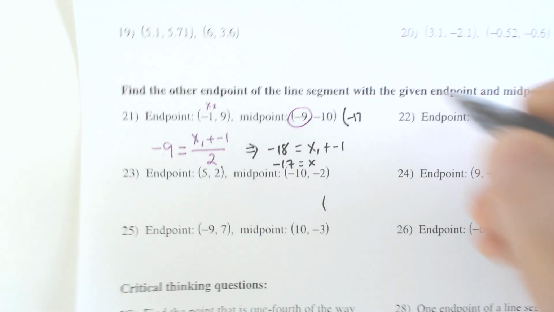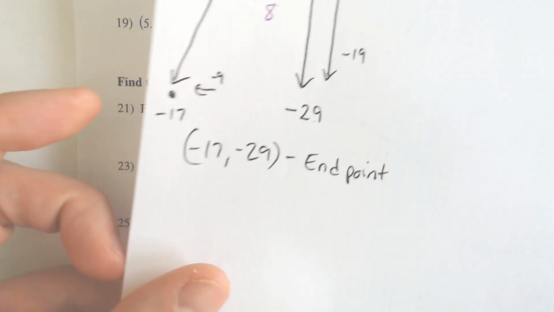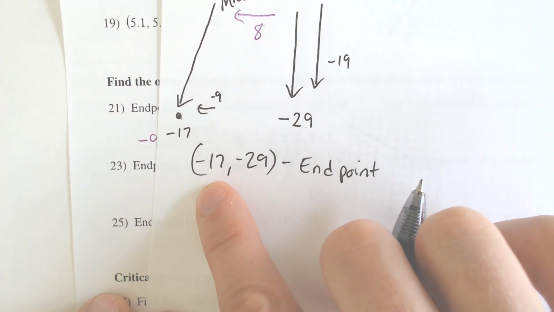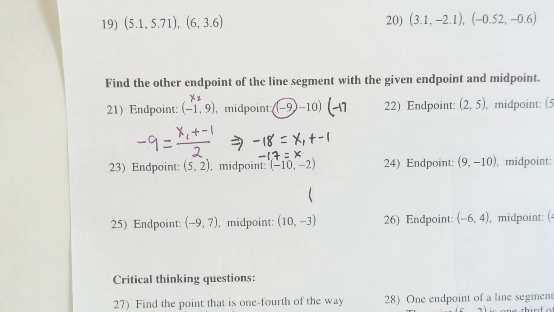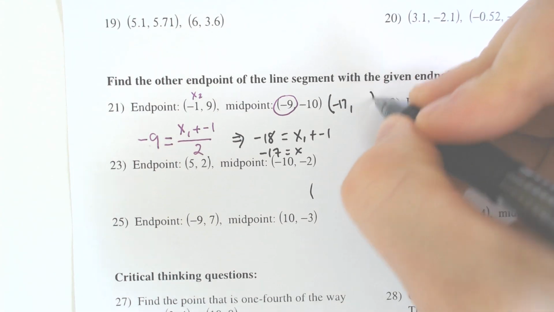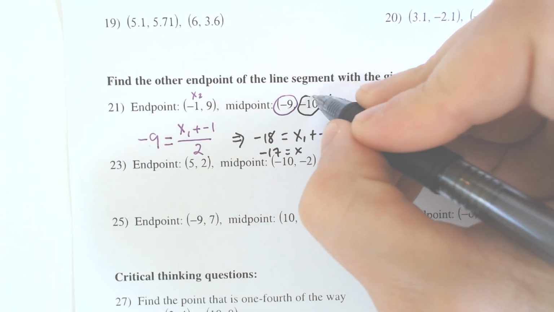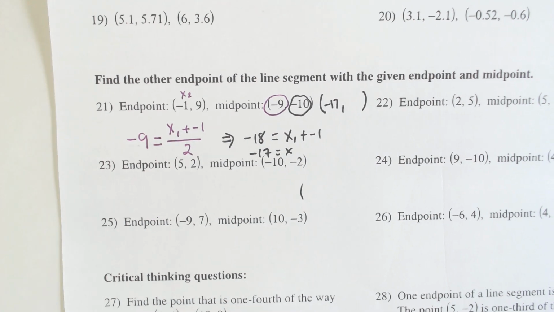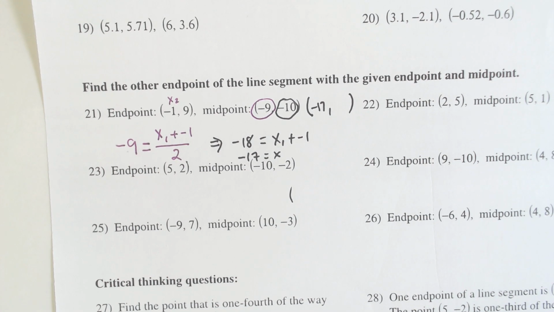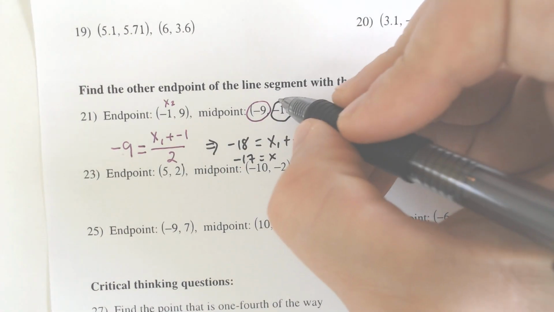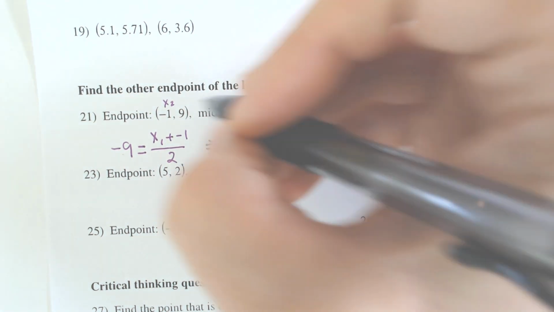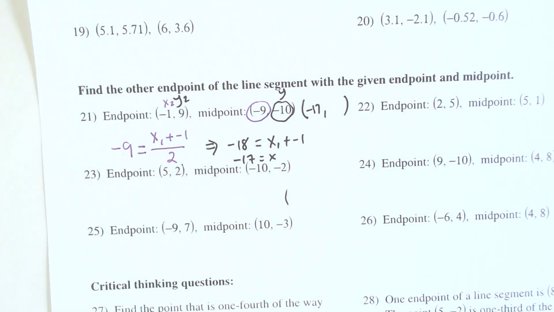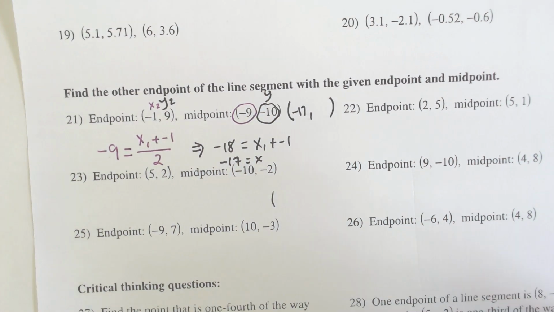And when we were doing this problem, what did we notice that the x value for that endpoint was? -17. The bad news is that that's only half the answer. You still have to do it for the y value of the midpoint too. So it's kind of annoying that you have to do it for the x and the y, but it is algebraic, so you don't have to graph anything, and it will work. If this is the y value of the midpoint, we can call this y2. You could also call it y1. I just like calling it y2.